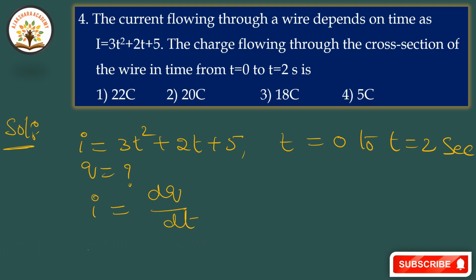So from this it can be written as dq is equal to I dt. Integration of dq is equal to integration of I dt. Now we are integrating both sides, then q is equal to integration of dq, q is equal to integration with limits 0 to 2 of I dt.